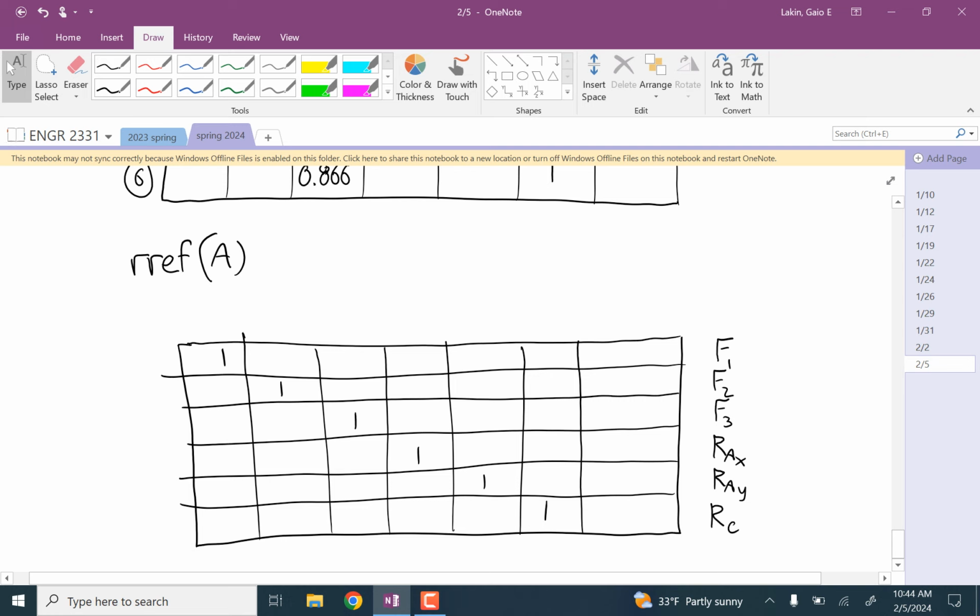Okay. 1,000 is F1. 500 for F2. So far, so good. Negative 1,000. And negative 1,000 again. Negative 866. And 866. Oh, I didn't mess up.